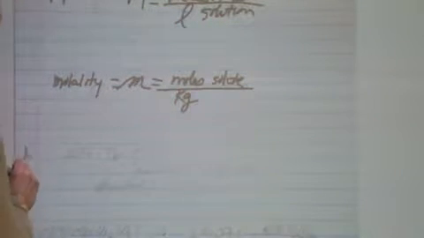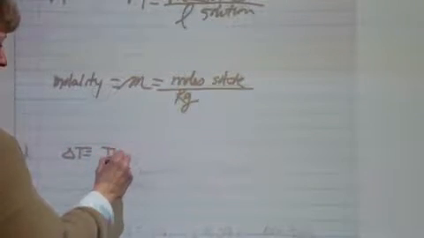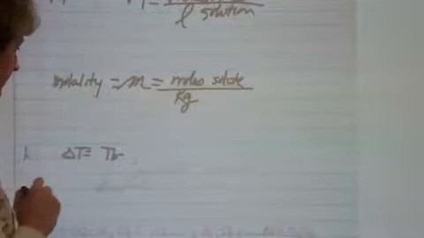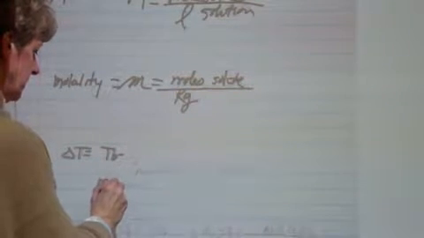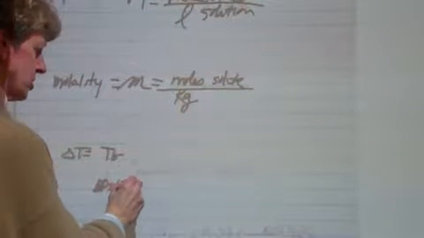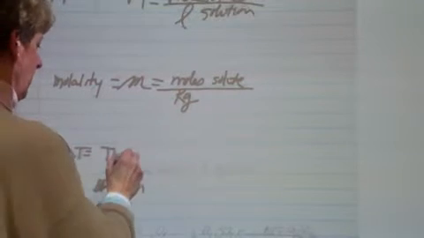Okay, calculation 1 then says calculate the temperature change. And again, this just would be delta T from our work on the previous slide. Says take the boiling point of your solution. So that would have been step 1.